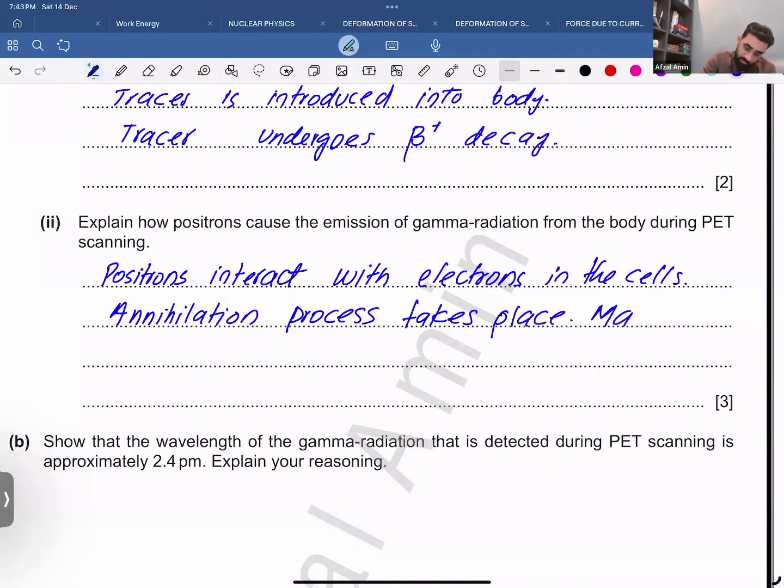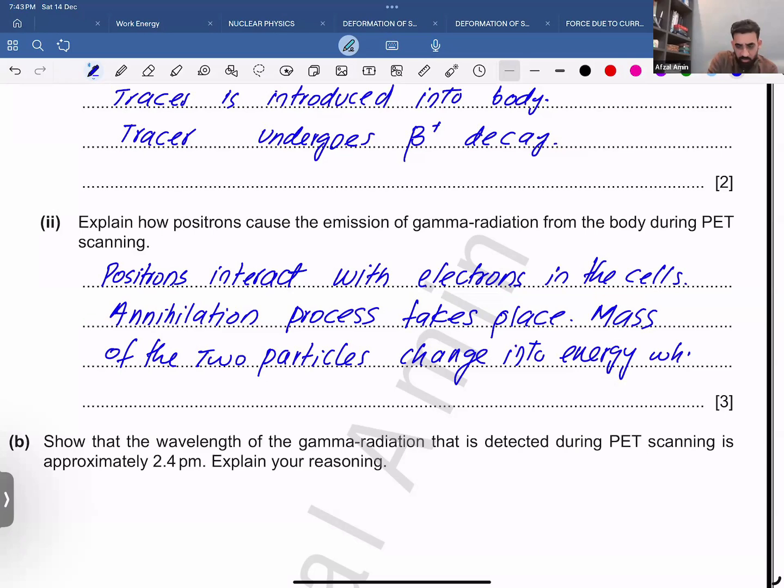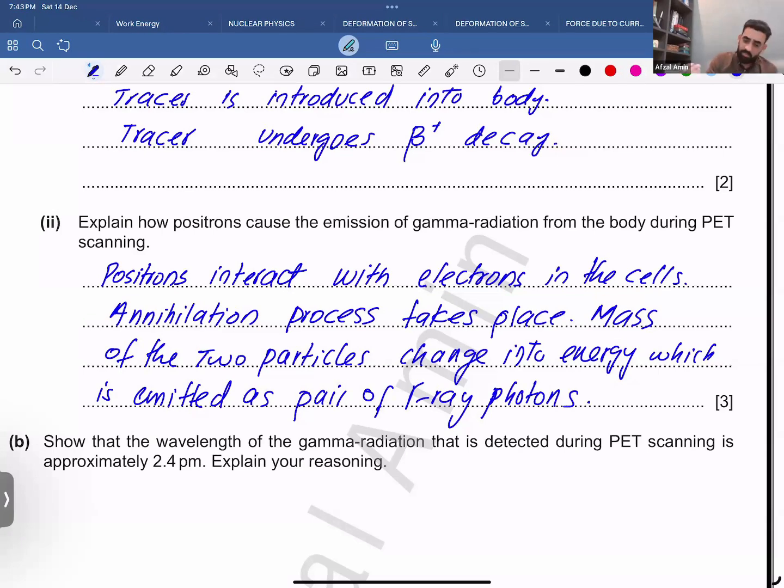Mass of the two particles changes into energy, which is emitted as pair of gamma ray photons in opposite directions. Yes, you can write in opposite direction.